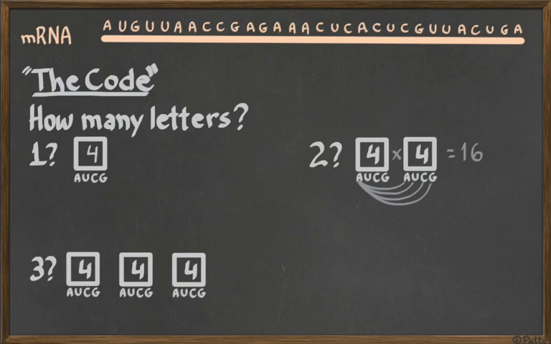That is 4 times 4 times 4. This makes 64 different combinations. And 64 different combinations is more than enough for us to be able to code for all the amino acids and all the information that we need to make translation.